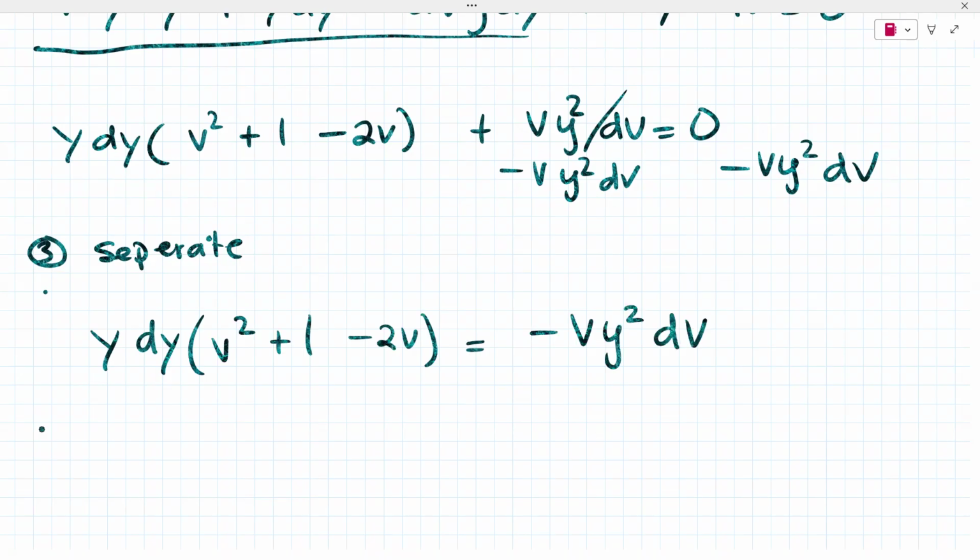Then we're going to separate, so we cross multiply.